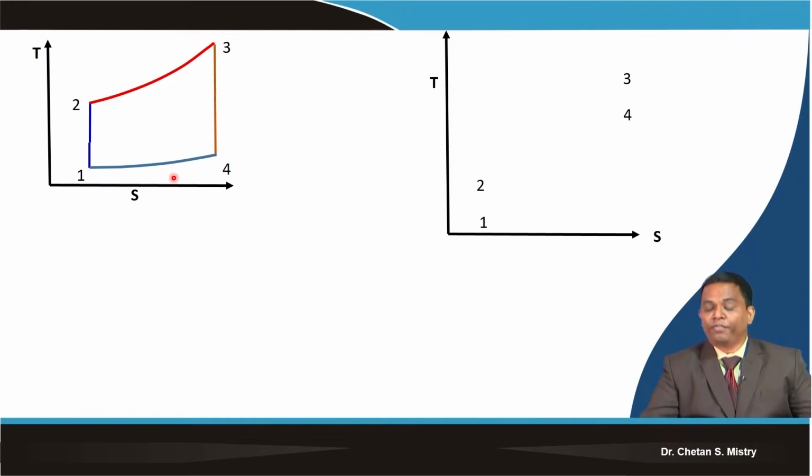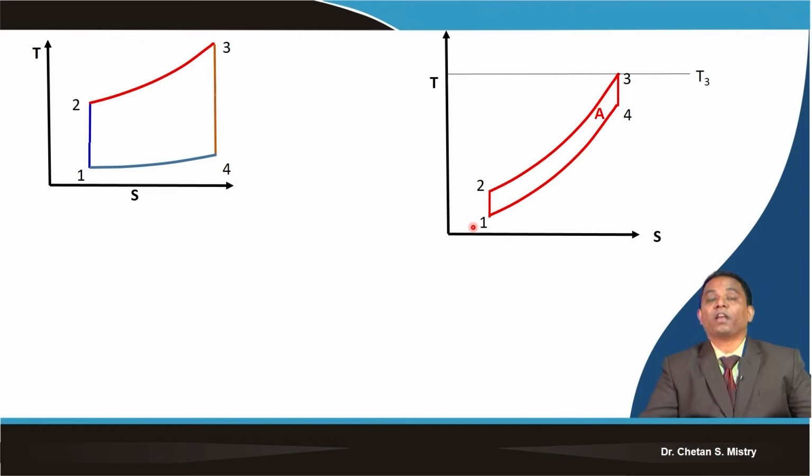If I represent this, I can represent the cycle like this: the compression process, constant pressure heat addition process, expansion process, and this is my exhaust. Let me call this my cycle A.